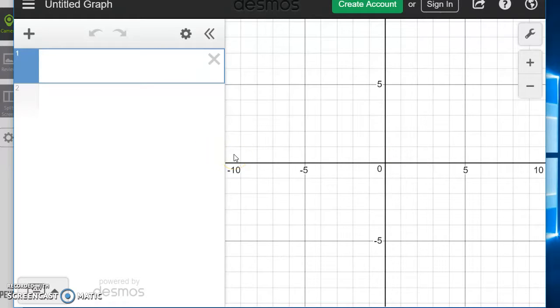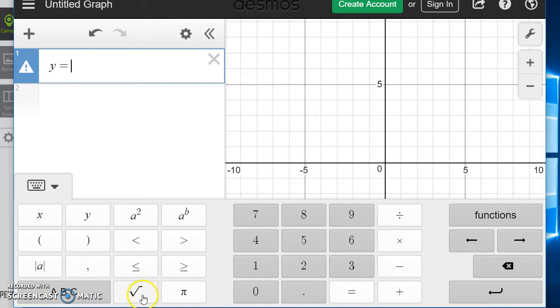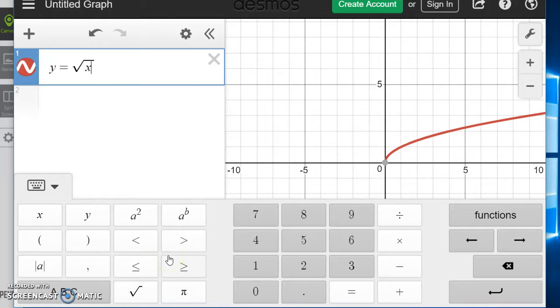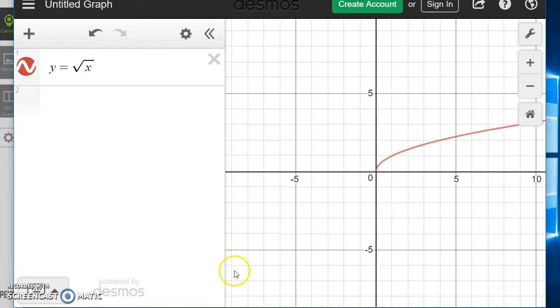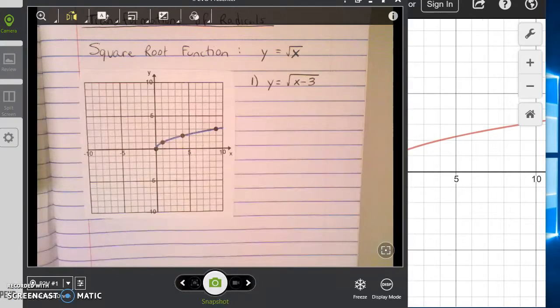I'm going to type in my equation y equals, and we're going to press this keyboard key down here and look for the square root symbol. There's a square root symbol, x. That's my parent function that we've seen on the graph already. If I zoom back into that graph, that's the parent function we have there.